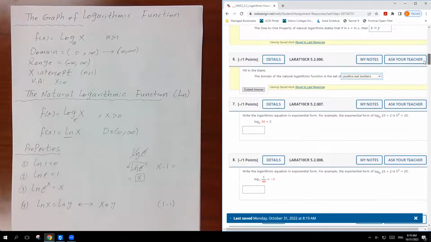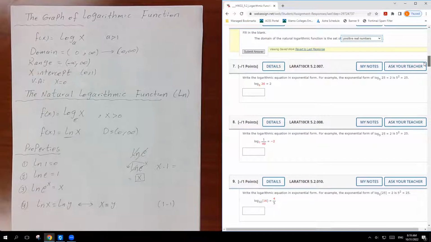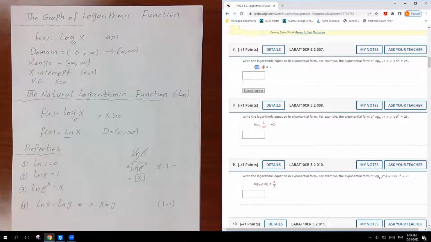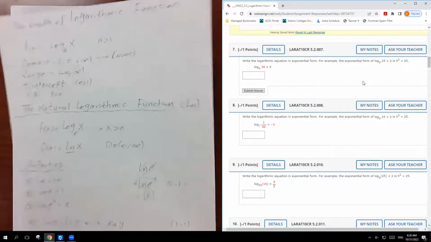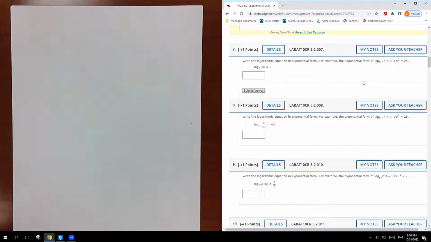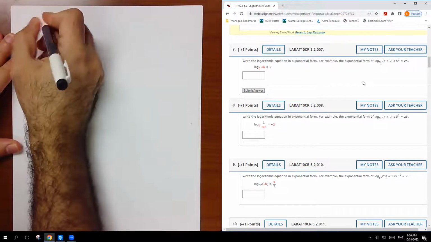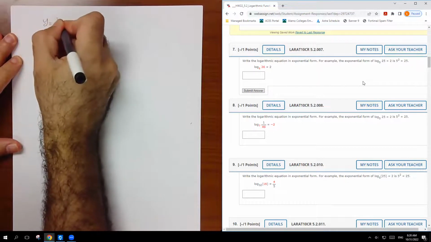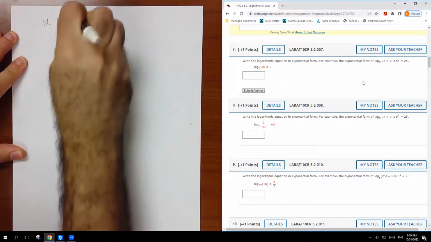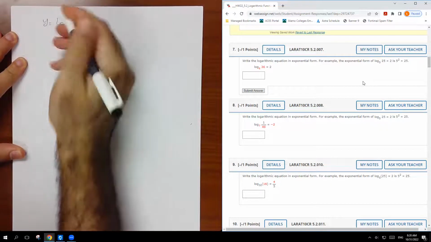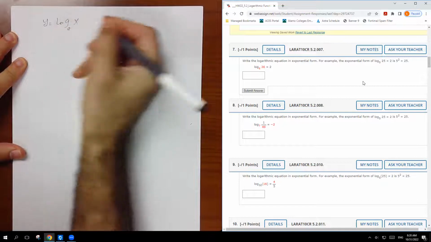Now with example 6, we did 6. Example 7, we have the log form and we need to write down the exponential form. They give you an example about that. Let's check how we're going to solve this one. We have a rule: y equals log to the base a of x.